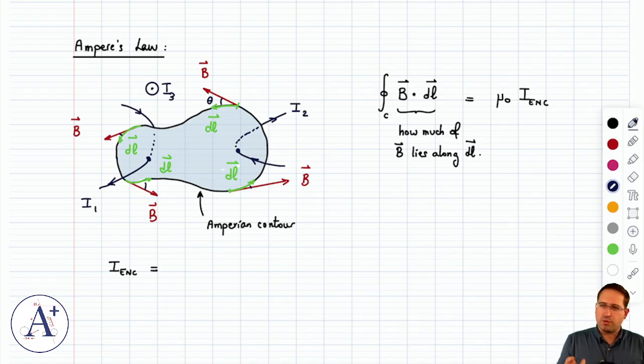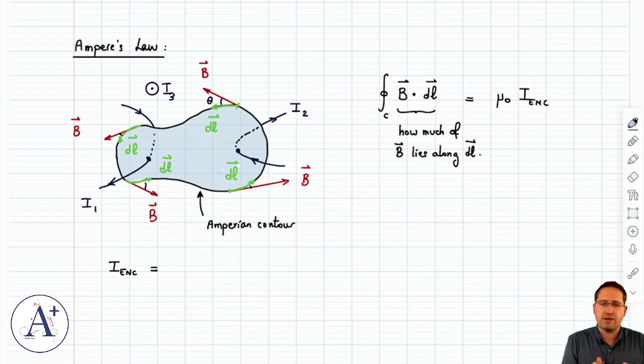Now they go in different directions, so now I have to decide is there one that's positive, one that's negative, and how do I know? Well, overall, my B is counterclockwise. Therefore, I have to match the right-hand rule. If B is going counterclockwise, then current coming out of the page is going to count positive.